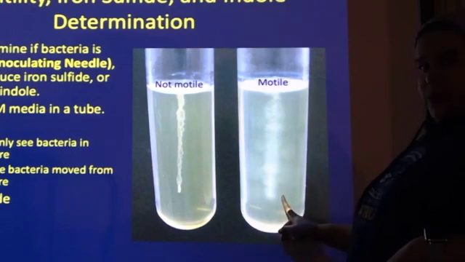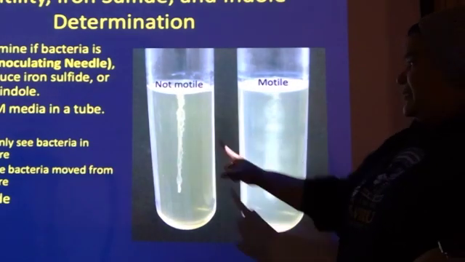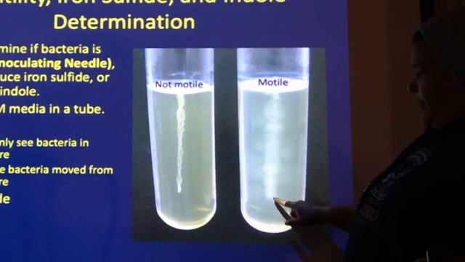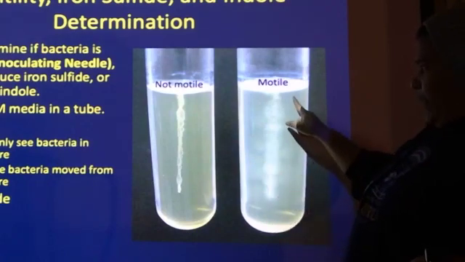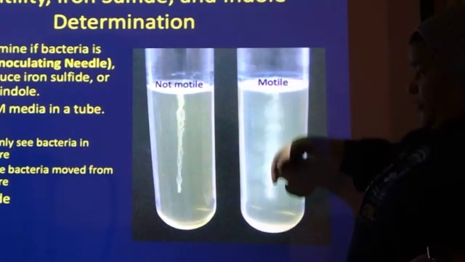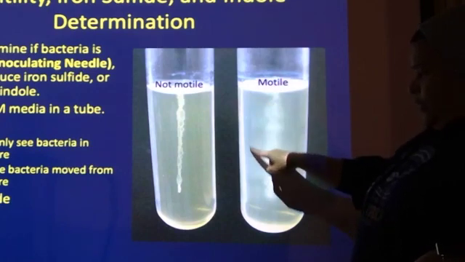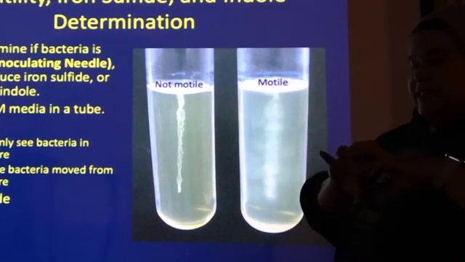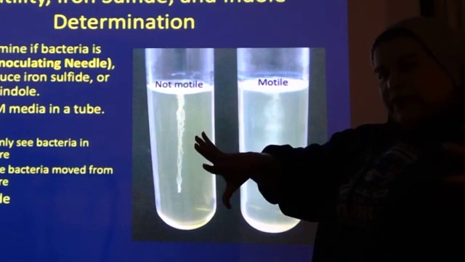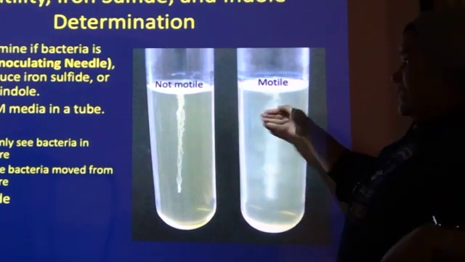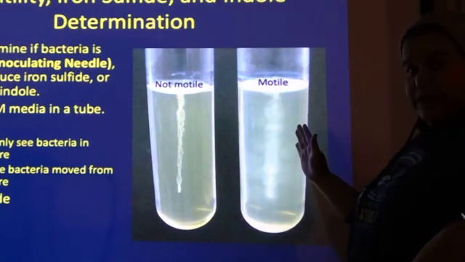However, if you look at this one, that's a straight stab. This was a straight stab, but see all of this cloudiness around it? You can still see where you stabbed into the agar, but all of this cloudiness means that the bacteria actually moved away from where that stab was into the space where the agar is.